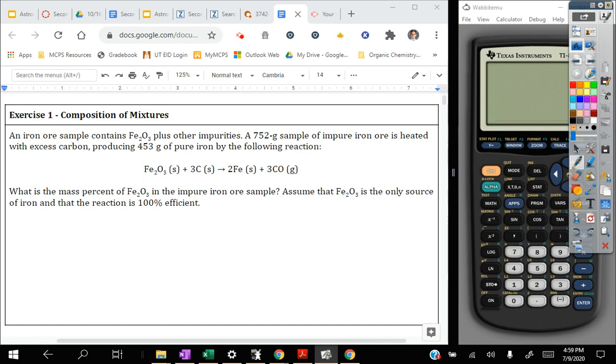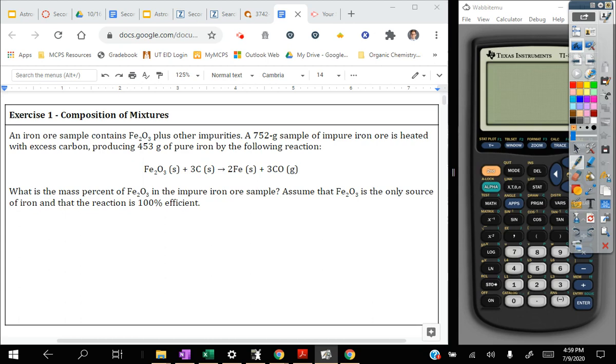Iron is now free. We produced 2 moles of iron, and the carbon bonds with the oxygen to form 3 moles of carbon monoxide. What is the mass percent of Fe2O3 in the impure iron ore sample? Assume that Fe2O3 is the only source of iron and that the reaction is 100% efficient.